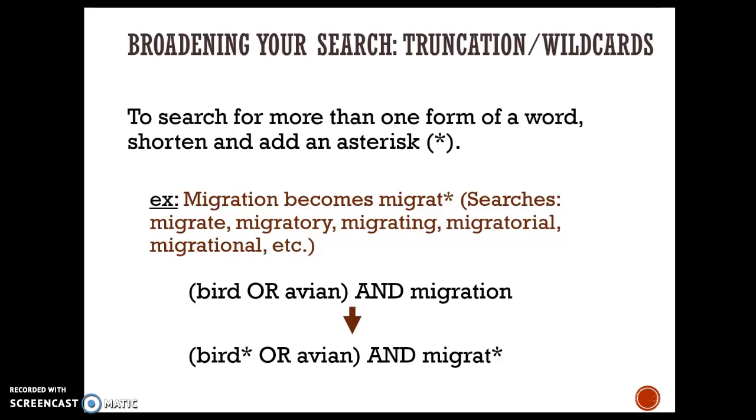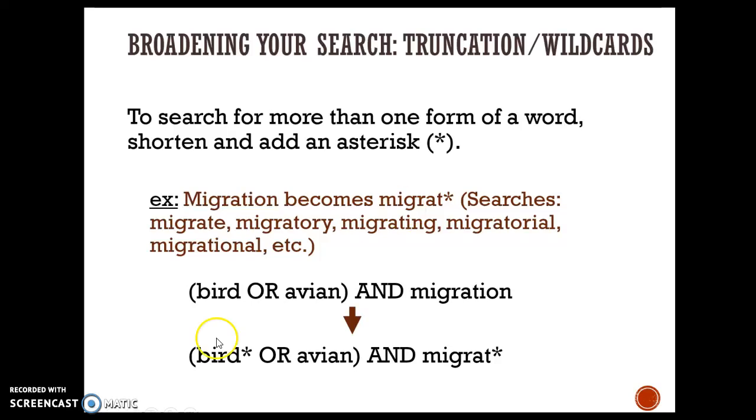So the example here is migration with migrat and the asterisk. So that will search for articles that include different forms of that root, to include migrate, migratory, migrating, migration, migratorial, migrational, etc.